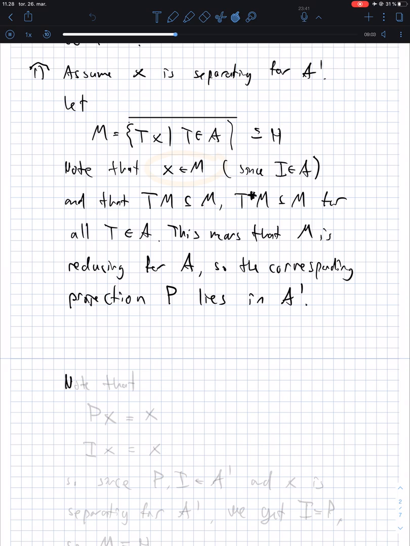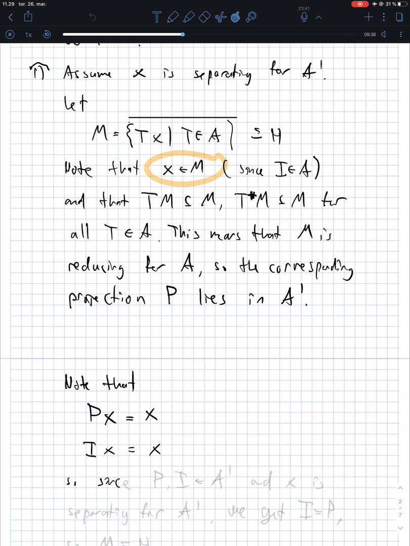Right, so this is one thing that we've proved in general. So now note that Px, what is Px, right? Px is going to be x because x lies in M. This was the observation that I did up here, right? So since P is the projection down on M and x is in M, when I apply P to x, nothing happens. But of course that's true of the identity operator as well.